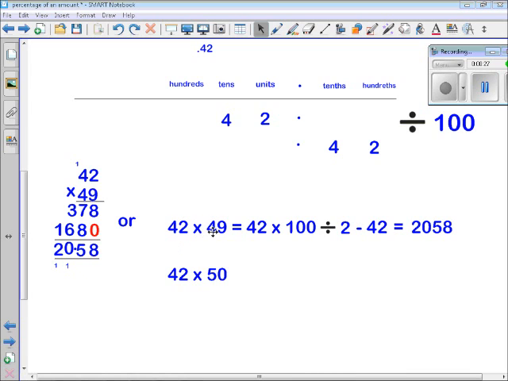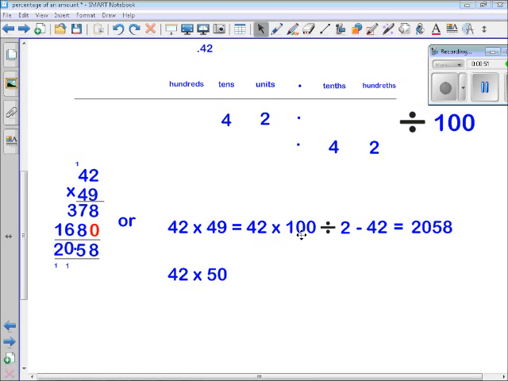Well, I'm going to call it 42 times 50. But I remember that I've added one extra 42. And as you can see at the end of my equation, I'm ready to take that extra 42 off the answer at the end. So if it was 42 times 50, then I can pretend it's 42 times 100, which in my head is a much easier sum to do.